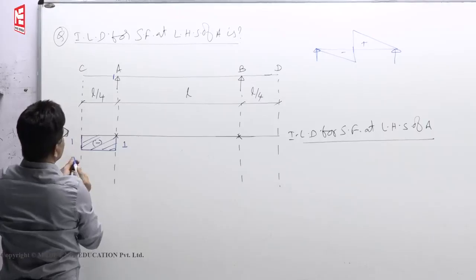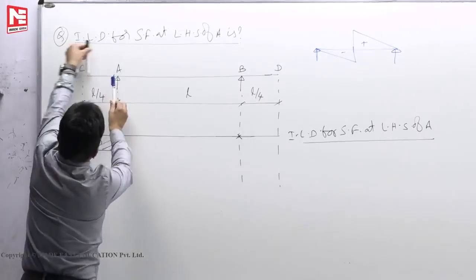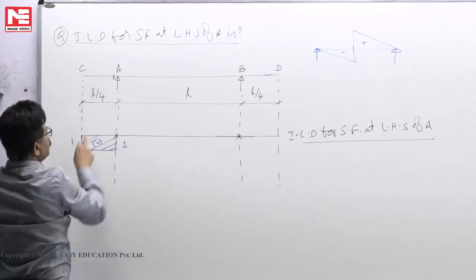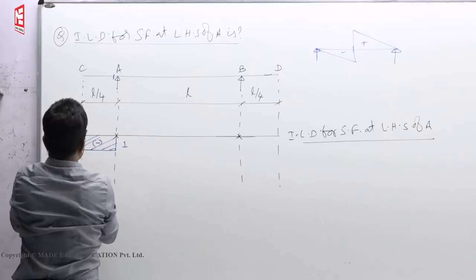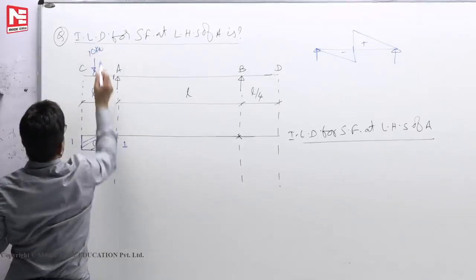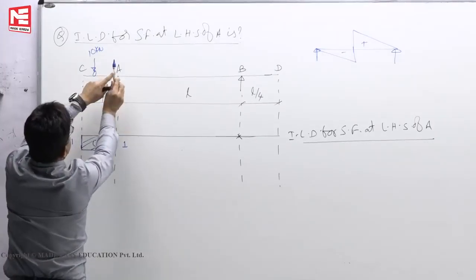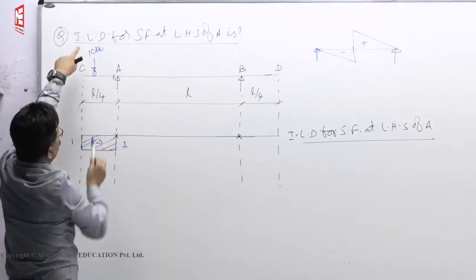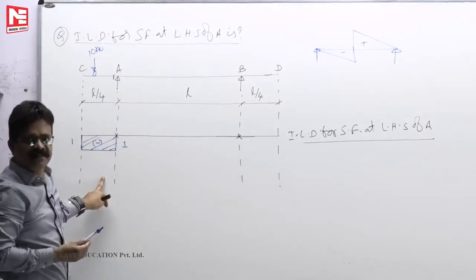So at LHS of A, when the load moves from C to A, wherever it is, the shear force at LHS of A is, suppose 10 kilonewton is there. SM you have studied this. Suppose a load of 10 kilonewton is there. What is the shear force at LHS of A? Stand there, look left. Section left side downward is negative. So minus 10. Same result you will get. 10 into minus 1, minus 10.